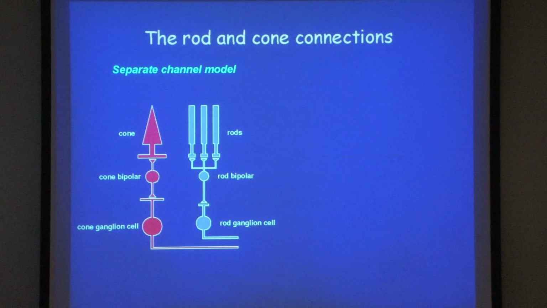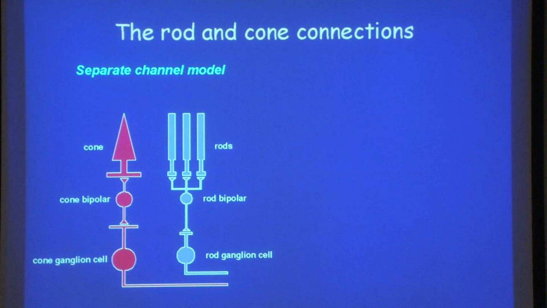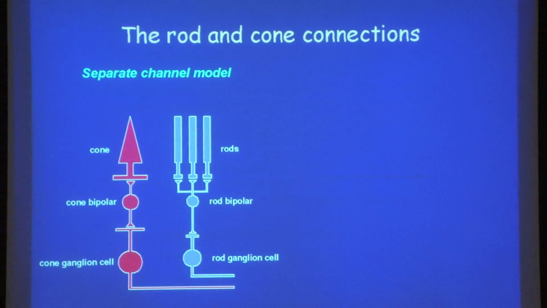And they discovered, first of all, well, let me back up a second. This is sort of the model that he had proposed. You had the cone model and the rod model. We're not distinguishing between the on and off.